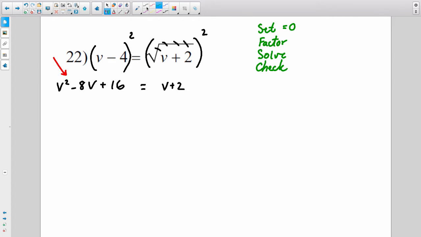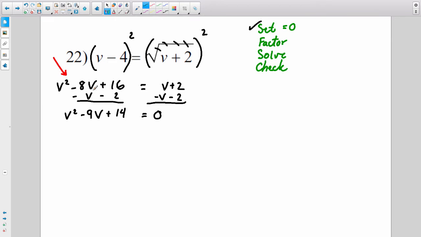Okay, so setting equal to 0 looks like, let me take away v and take away 2 in one step, just to save some time here. So I'm going to take away v and take away 2 from this side. I'm left with v squared, negative 8v minus v is negative 9v. 16 minus 2, 14. Okay, we set equal to 0.